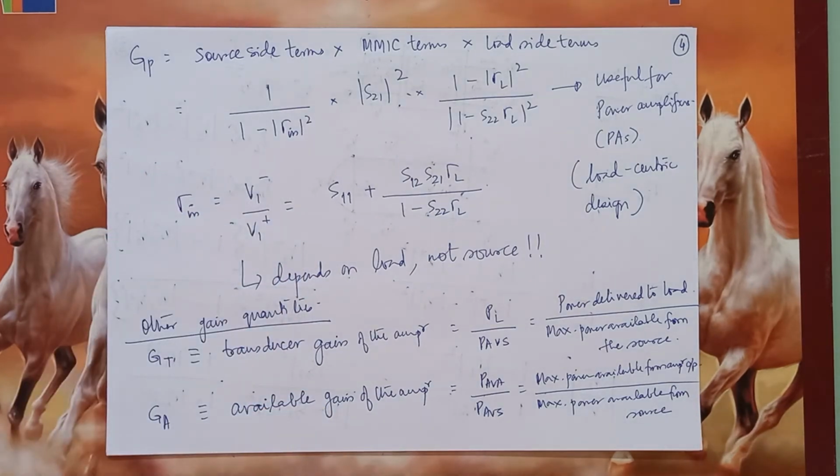So these are two quantities which are very important. So what we are seeing is that for GT and GA, the common term in the denominator is what is called as PAVS, or what is the maximum power that is available from the source.